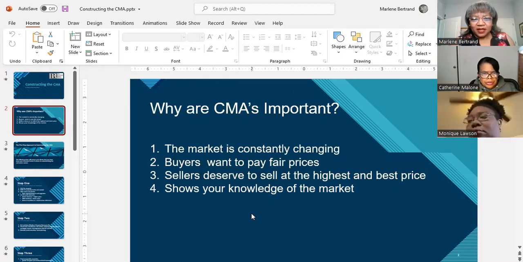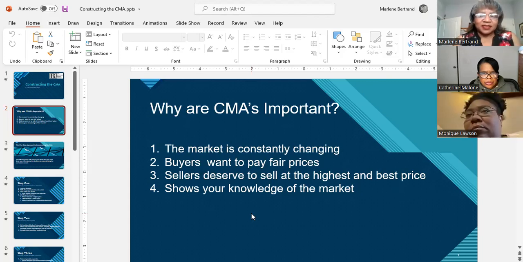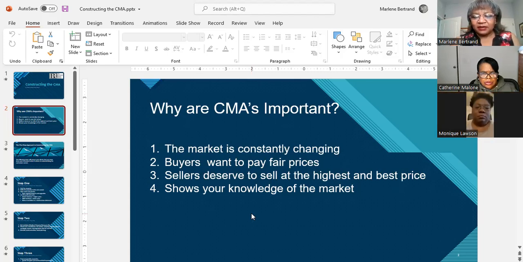For one thing, they're important because the market is constantly changing. And so you're constantly having to go and look at what's happening in the market. The National Association of Realtors has come out with a report, and it says that home sales are down nationwide about 3.25%.